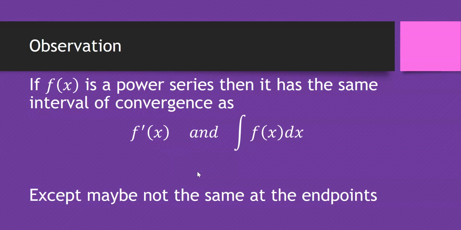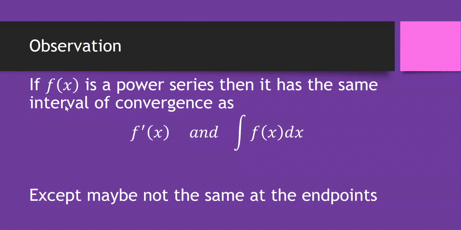Now, I say exact same. I should do one little asterisk. It's exactly the same except maybe not at the endpoints. Multiplying by n or dividing by n plus 1 could change the convergence at the endpoints. So that's kind of a nice trick that you can deal with.